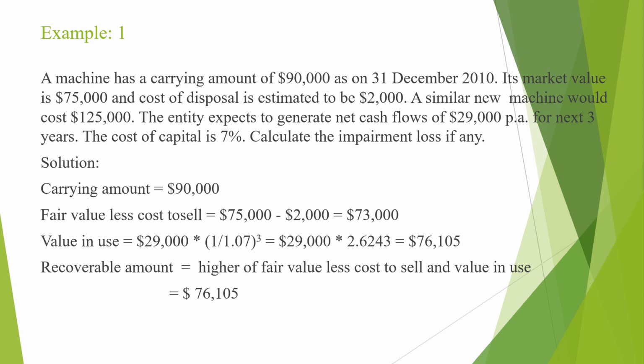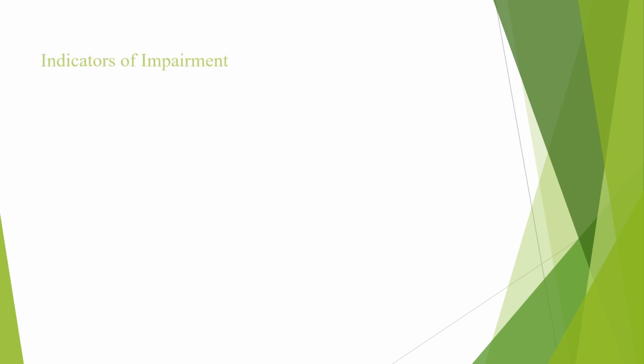As I said earlier, recoverable amount is the higher of fair value less cost to sell and value in use. Between the two, the higher amount is 76,105. Therefore, the impairment is calculated as carrying amount of 90,000 minus 76,105. So, the impairment will be $13,895.